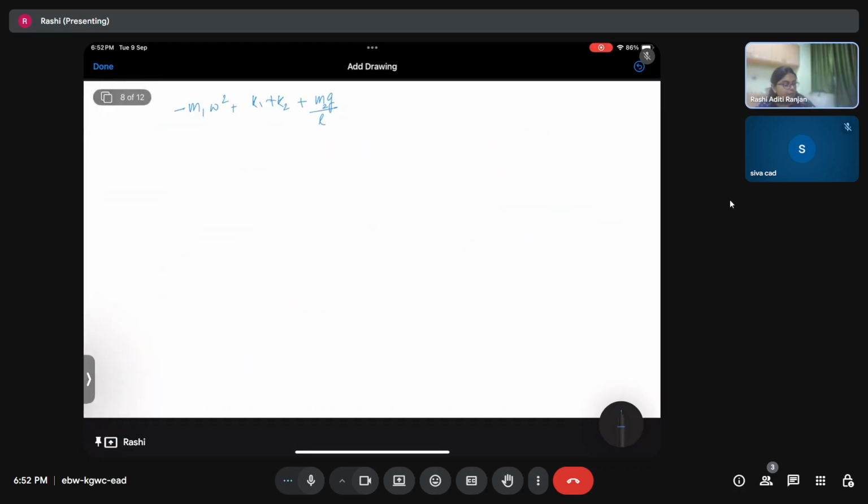Minus m2g by L, minus m2g by L, minus m2 omega square plus m2g by L. This whole into x1, x2 is equal to 0.